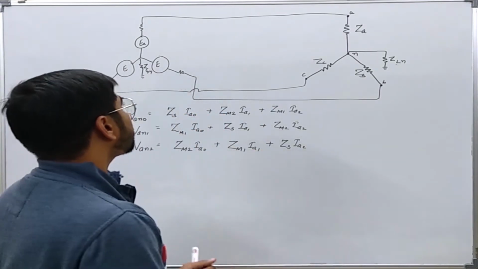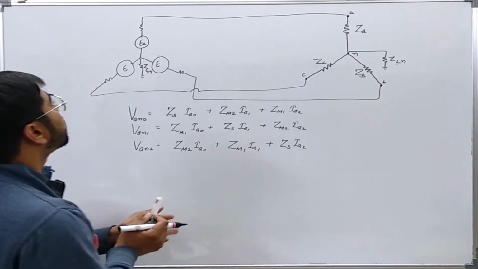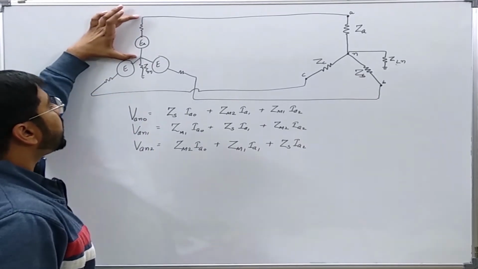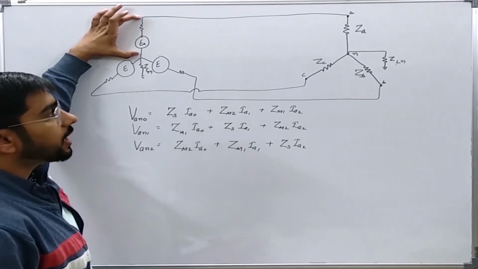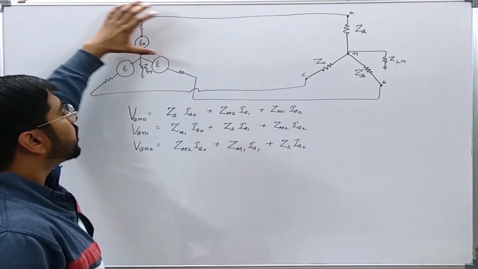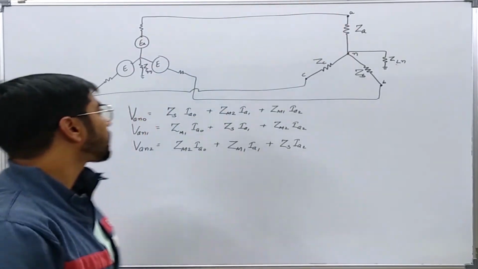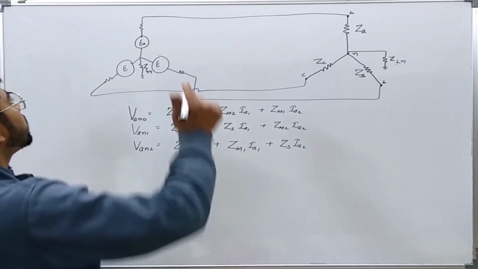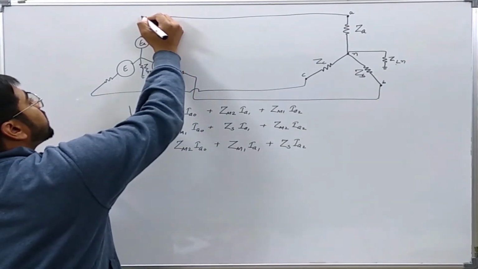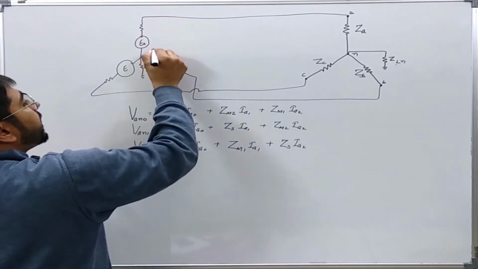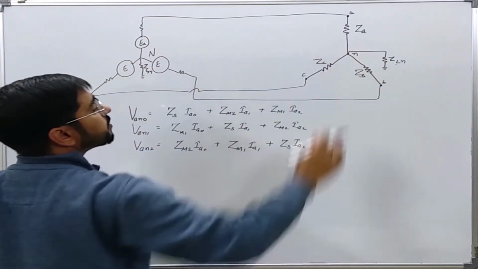Okay, now this is a balanced circuit up to this point. The unbalance is here. This is the unbalanced load. Now we know that, let us say this is capital point N, this is small n point.